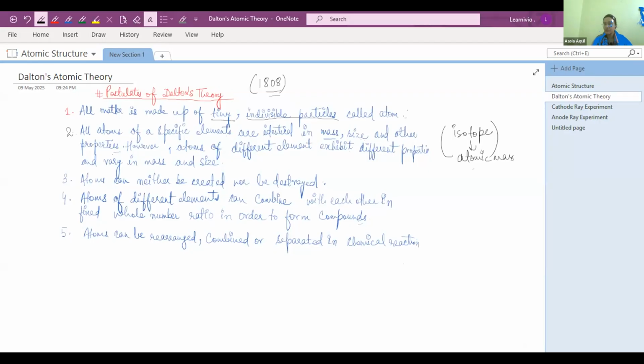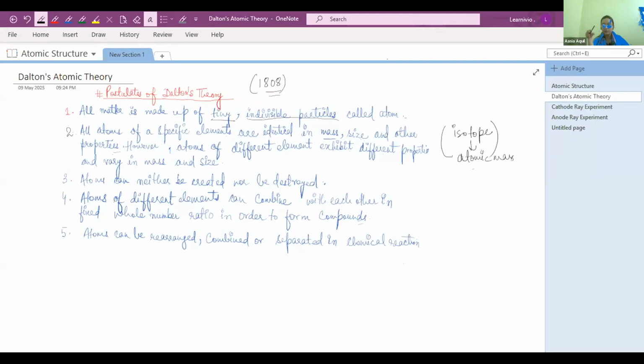Now, what is an isobar? It is just the opposite of an isotope. Isotopes have the same atomic number but different atomic mass.